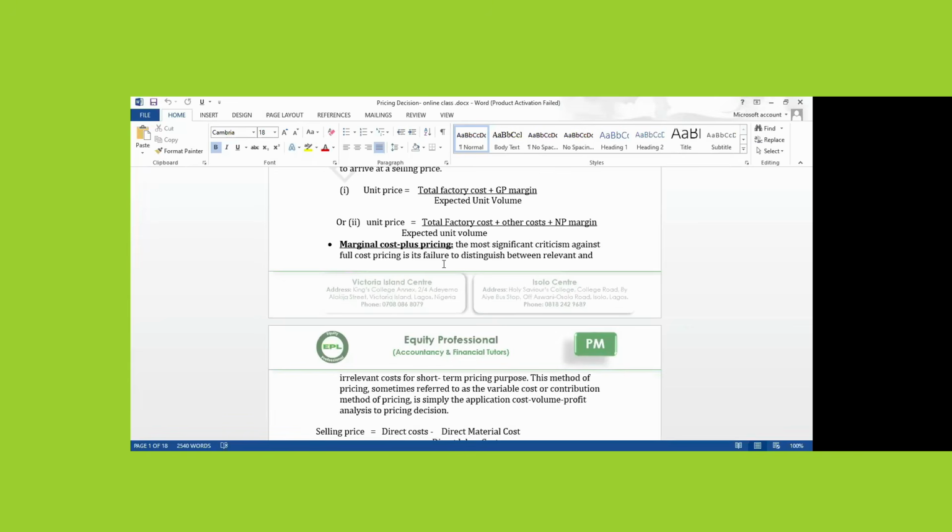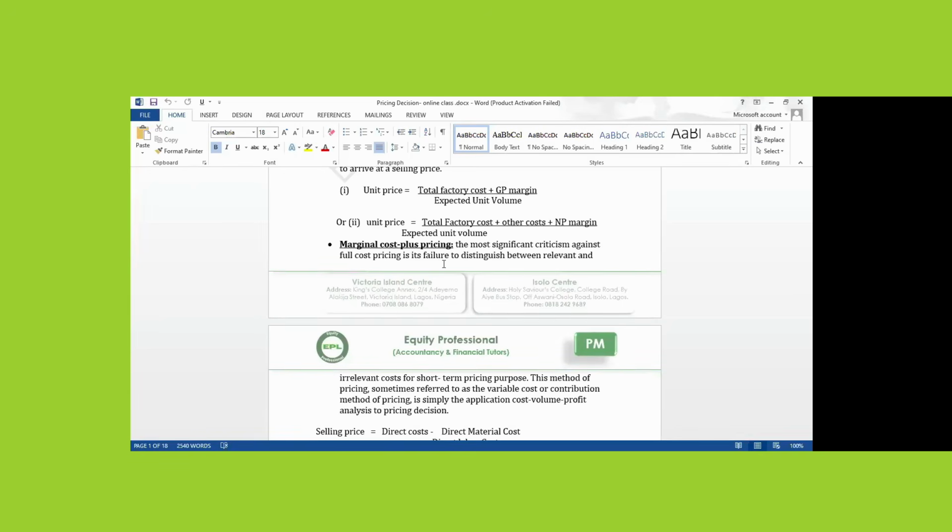The marginal cost plus system differentiates between relevant costs and irrelevant costs. Variable costs are assumed to be relevant to production, while fixed costs are assumed to be irrelevant costs.